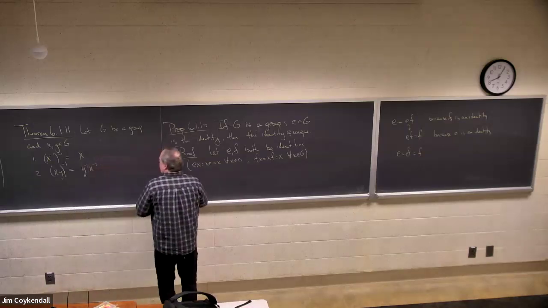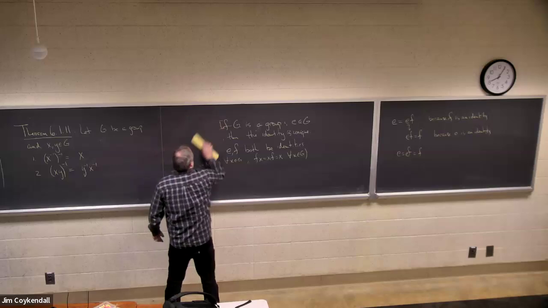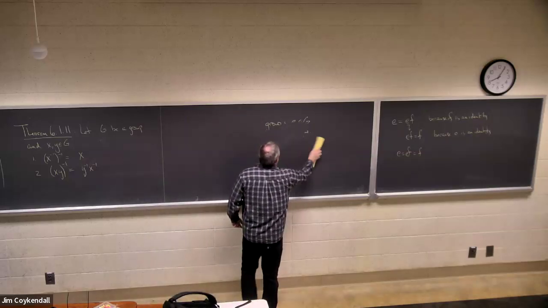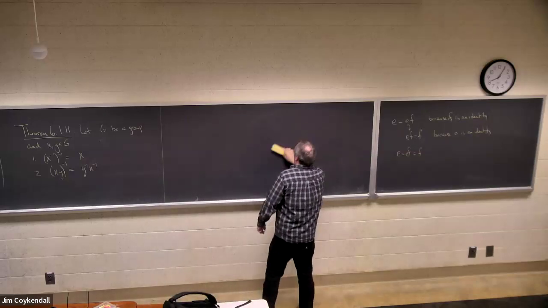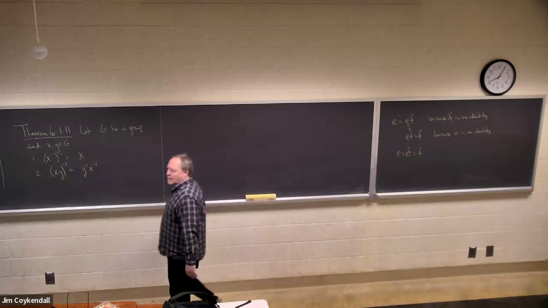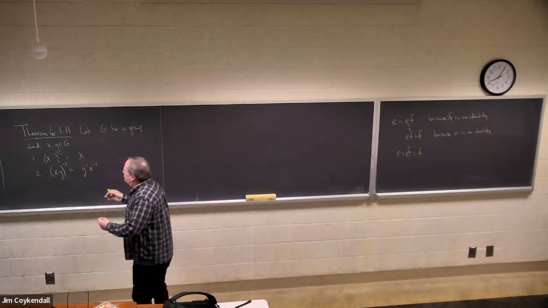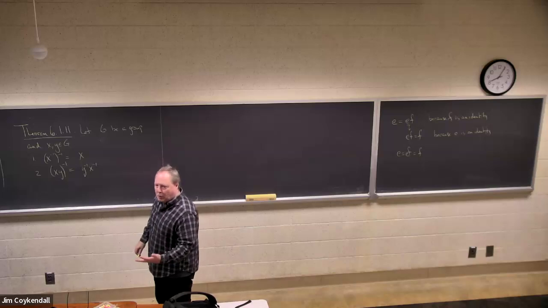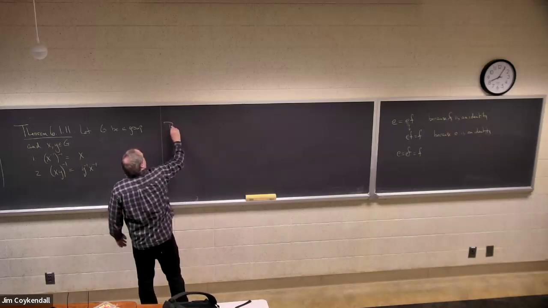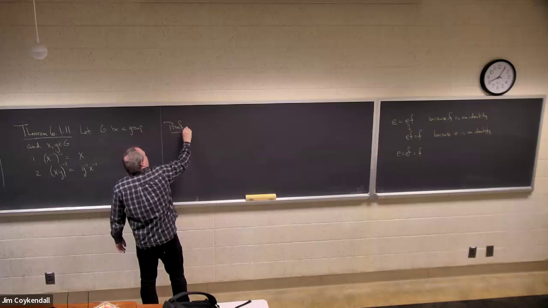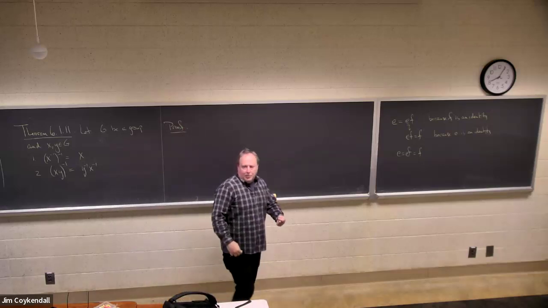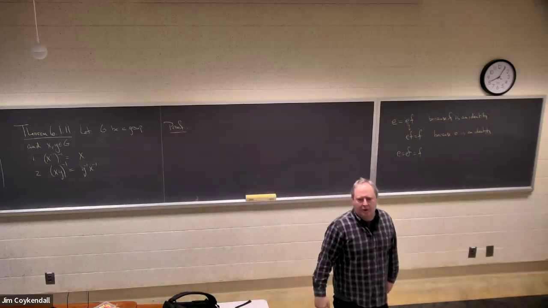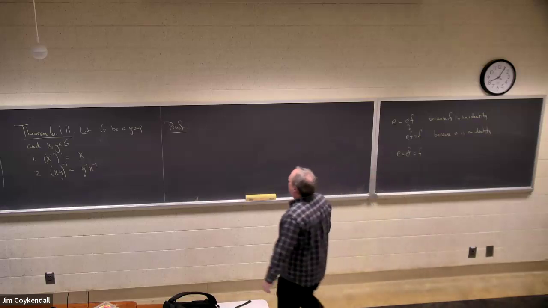So let's prove these. First, I'm going to show something. This is part of the wonder of proof. Now, I'm actually going to do something in this proof that says more than what I put in the result. Proof.